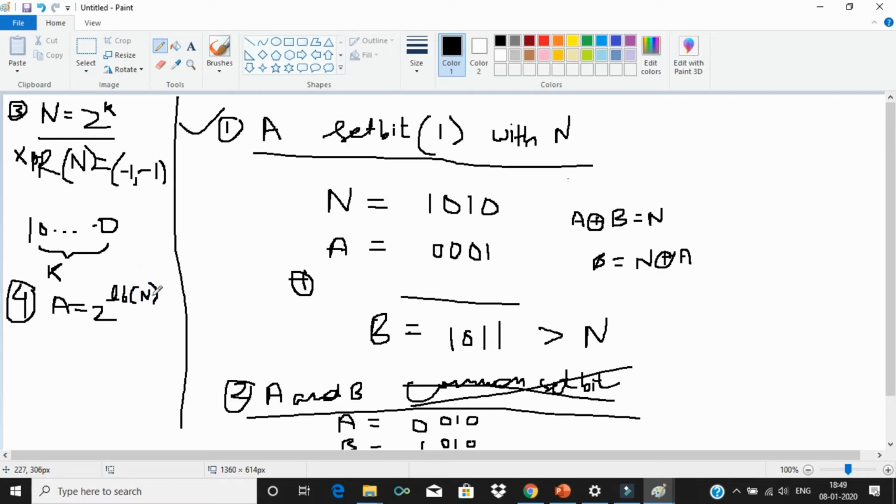Set bit means 1 in the binary representation of N. Why? This is quite simple, because we know that A should have a common set bit with N from property 1, and that one we will be taking as the least significant set bit.